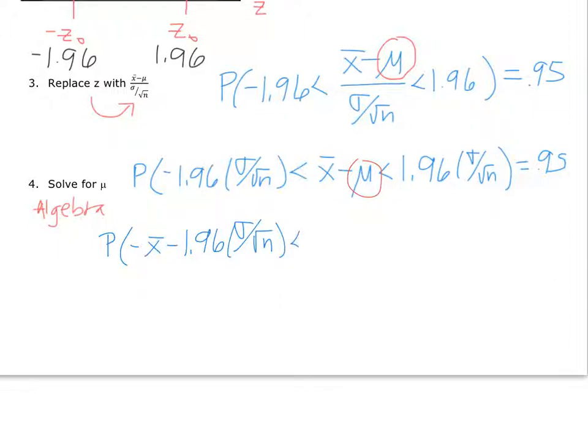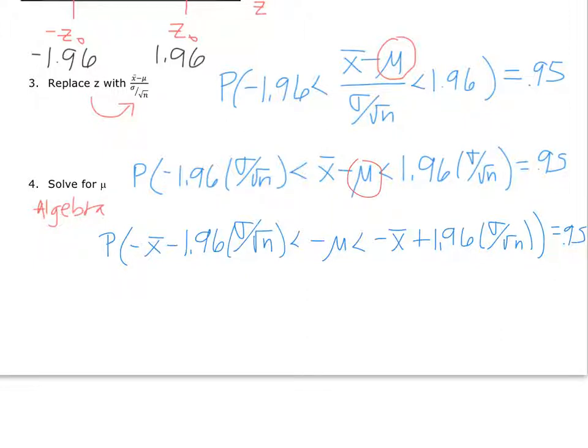And then if we subtract x bar from the middle, we're going to be left with a negative mu. And then that's less than, subtract x bar, and then it's plus 1.96 sigma over square root n. And that probability is still 0.95.